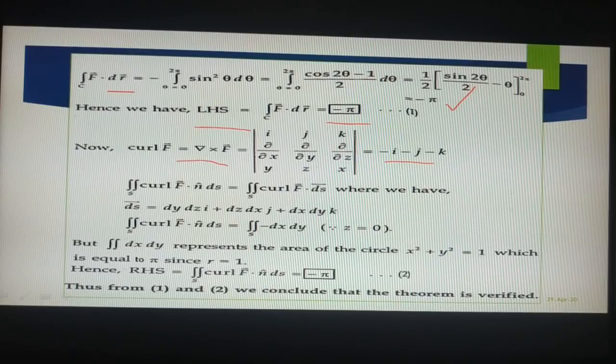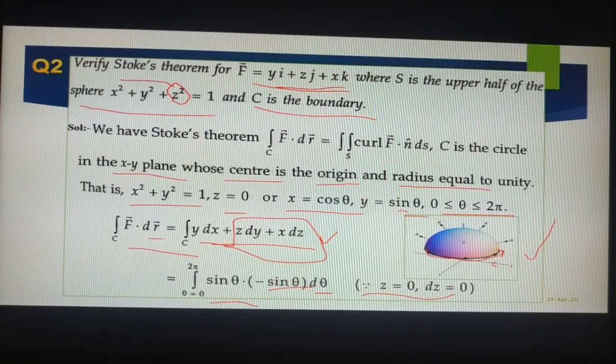As I said, I can take this n bar ds as a ds bar, nothing but on the i component, because if you see this diagram, it is not only the surface; everywhere points will be there. I need to find the unit normal vector in that direction. These are not always towards the z direction. These unit normal vectors may have some other direction also.